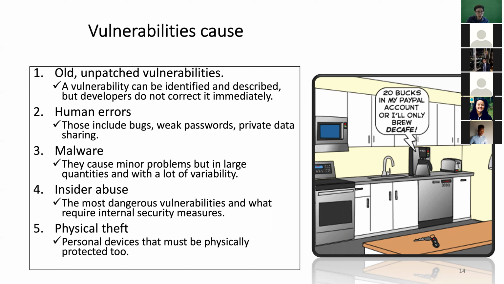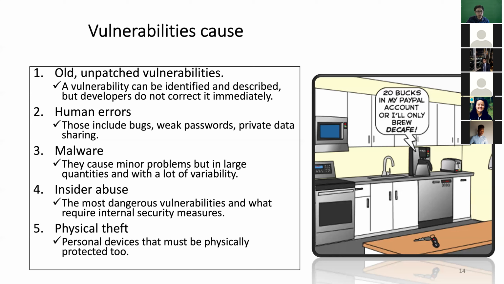The second is human errors. Human errors are about developers not knowing there's a vulnerability when in fact there is. So their code might be vulnerable, but they haven't recognized it, right? Or malware.